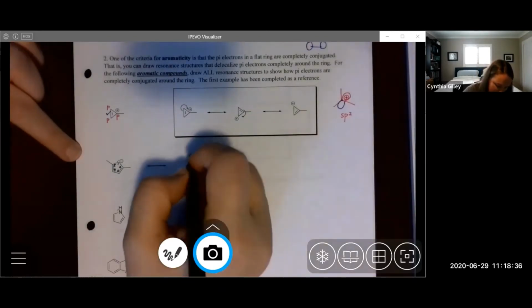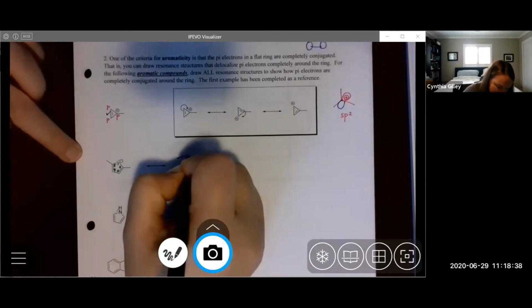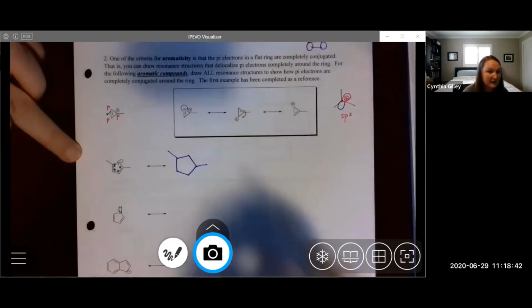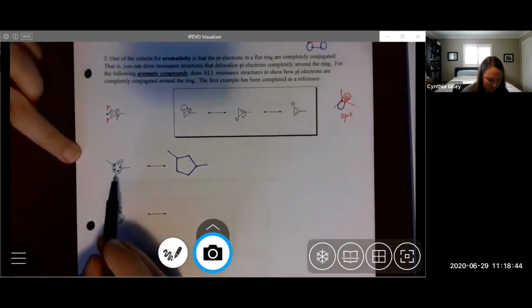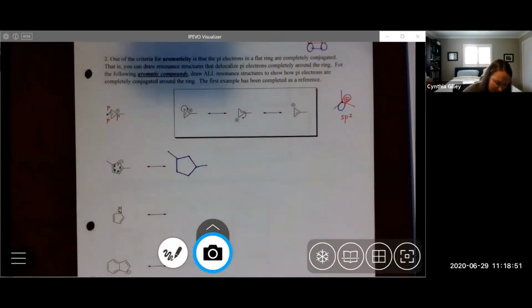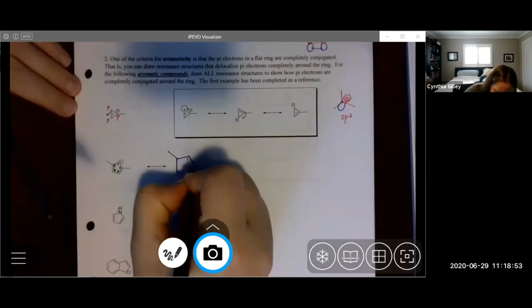So I'm going to draw it a little bit bigger. I want it to look almost identical to how that looks, so that I don't mess up my numbering.